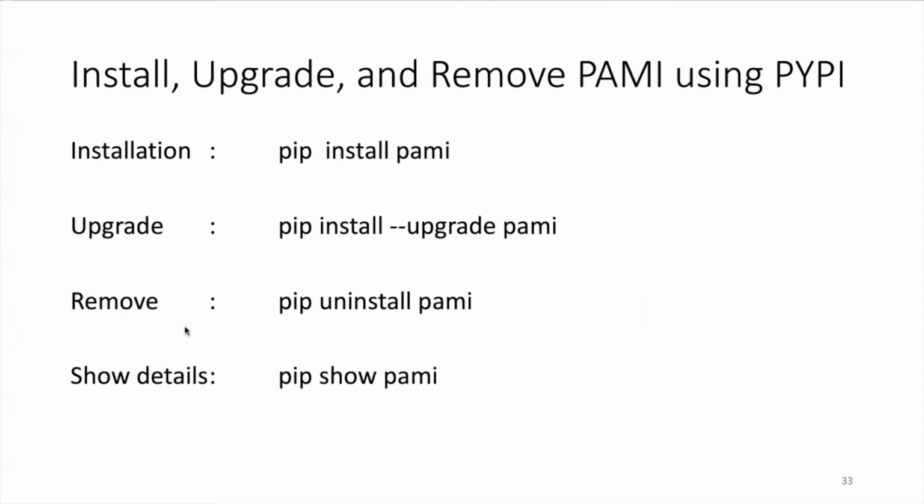If you want to uninstall the PAMI, then execute the command pip uninstall PAMI. If you want to see the details of our library, simply execute the command pip show PAMI. So these 4 commands will facilitate us in maintaining PAMI in the machine.